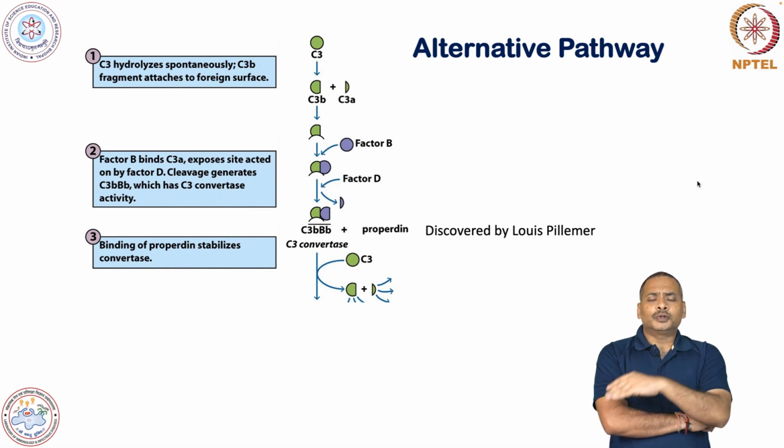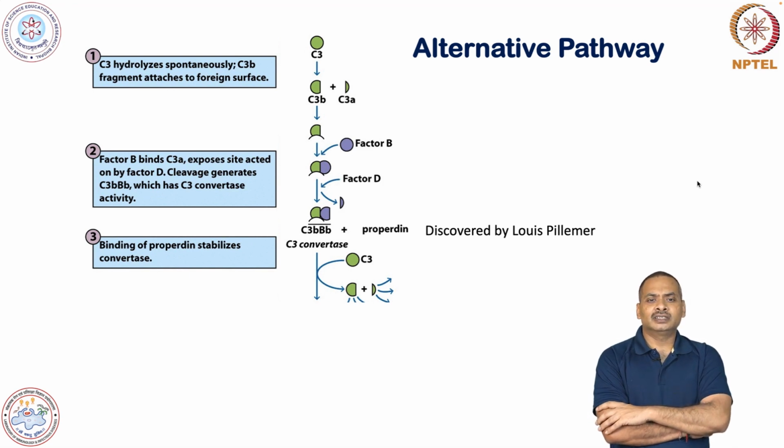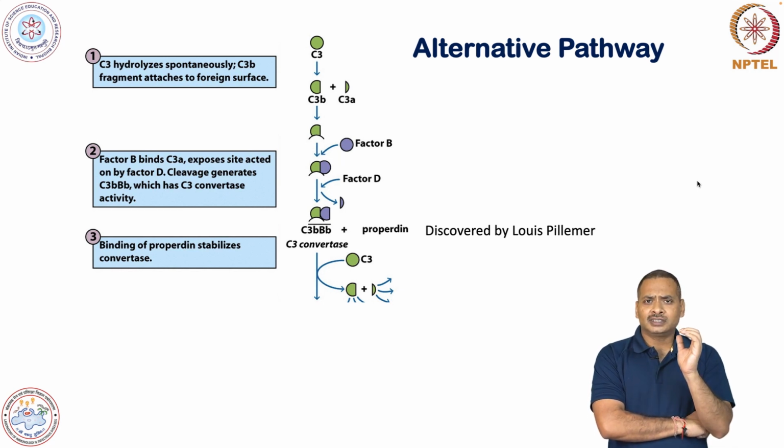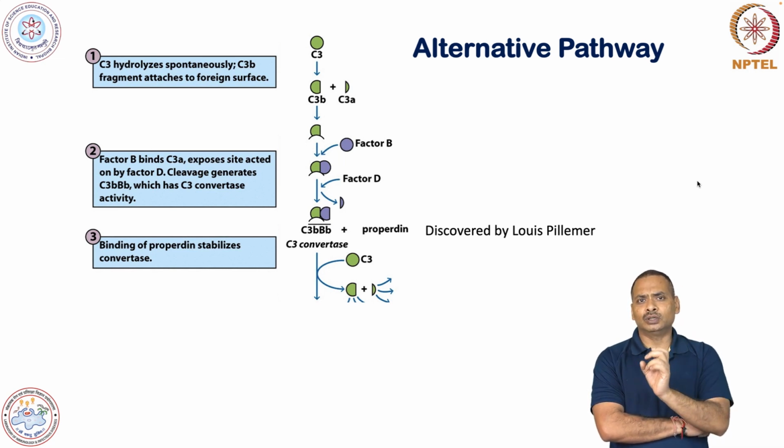Okay. So properdin stabilizes the C3 convertase, which consists of C3b, Bb.